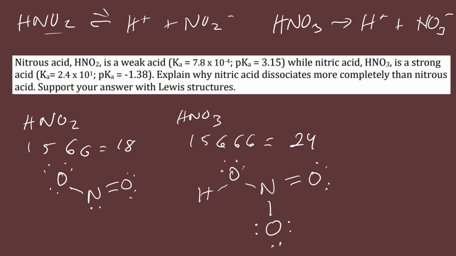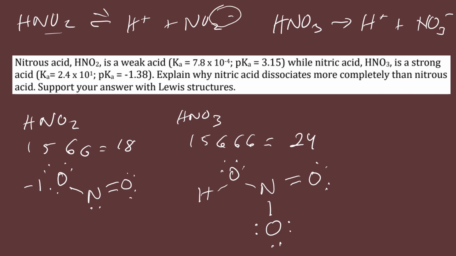We know that HNO2 has 18 electrons, but we lost the hydrogen. So 2, 4, 6, 8, 10, 12, 14, 16, 18. That creates a formal charge of -1 on this oxygen, hence the -1 up here.